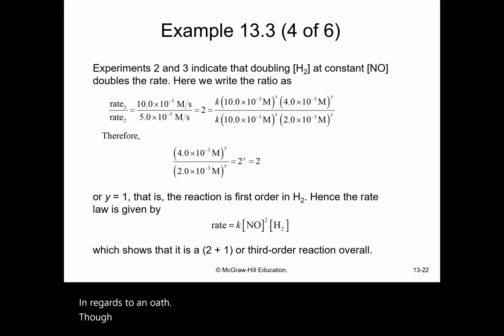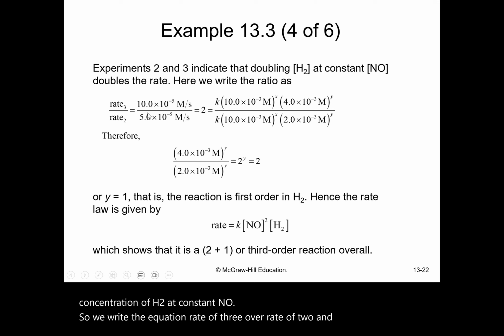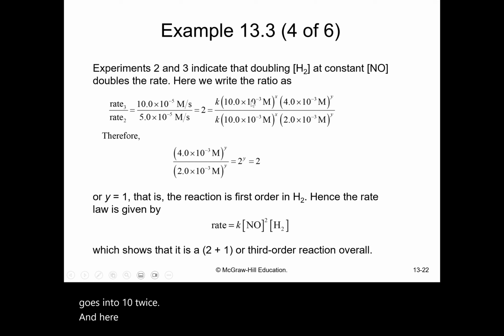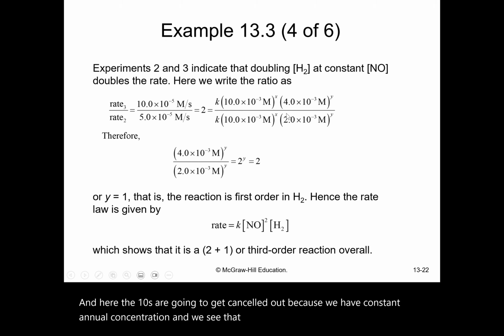Then we look at experiments 2 and 3, indicating the doubling of concentration of H2 at constant NO. So we write the equation rate of 3 over rate of 2, and we see that 5 goes into 10 twice. And here the 10s are going to get cancelled out because we have constant NO concentration, and for the H2 we get 2.